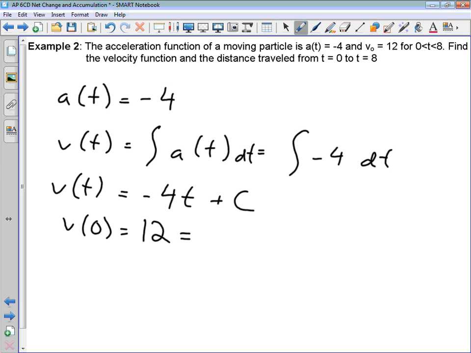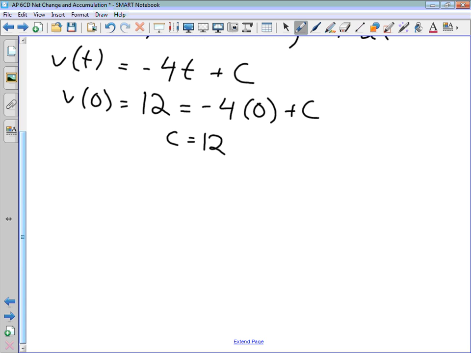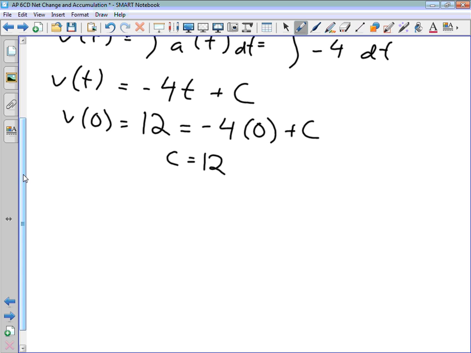Absolutely. We know our initial velocity, v at 0 equals 12. So we're going to sub in 0 for t, and that's going to tell us that c here is equal to 12, clearly. So we can get our specific velocity function in this case is -4t plus 12. Okay. What do they want us to do here?